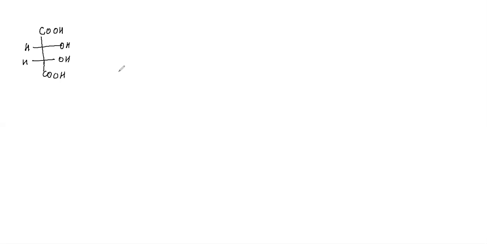Now let us look at the possibilities in how many ways you can draw this molecule. You can just try by yourself. Let us take the mirror image of this.